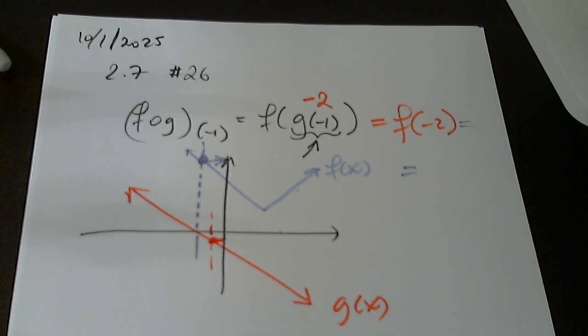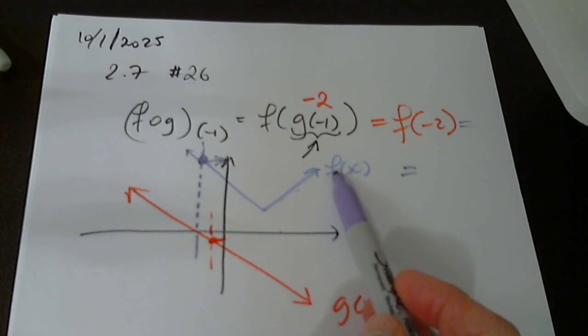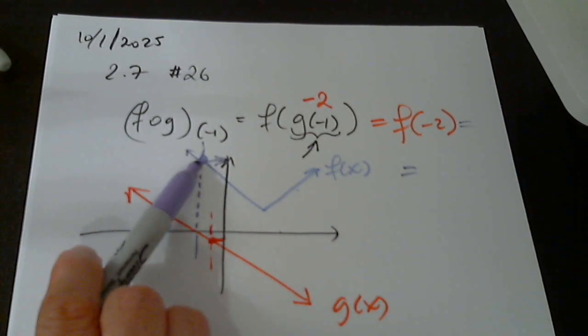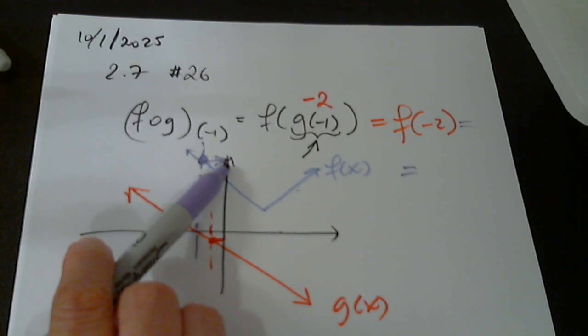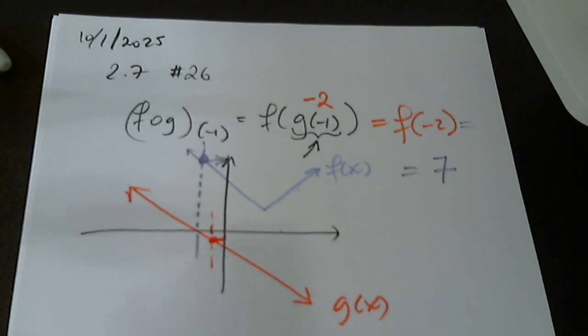Let's see. So -2. It crosses the graph of the blue function here, and you have to read the y value. Yes. Looks like 7. 7. Yes. That's it. Got it. Good. Very good question. Anyone else?